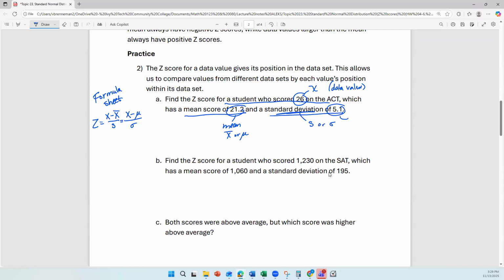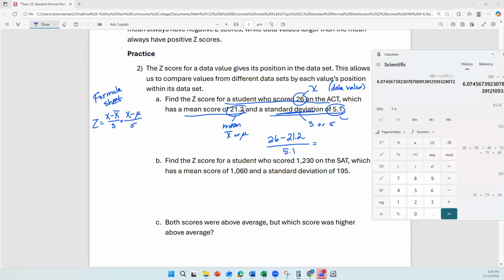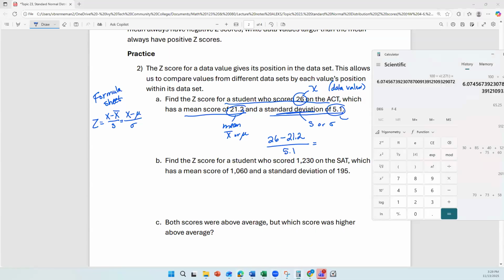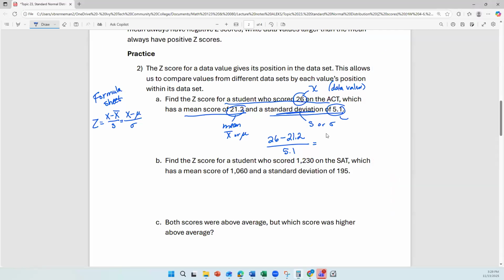So whichever formula I'm looking at or remembering, I'm going to take the data value minus the mean and divide by the standard deviation. Again, if you remember what you're doing, this is to answer how many standard deviations this is from the mean. It's above the mean, so I need to do the subtraction in a direction that's going to get me a positive number. 26 minus 21.2 is 4.8.